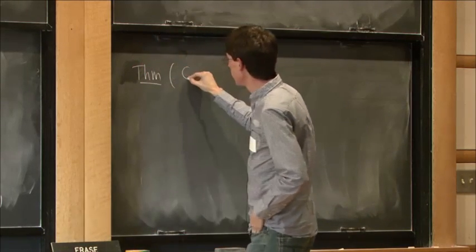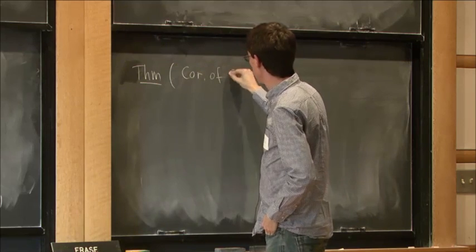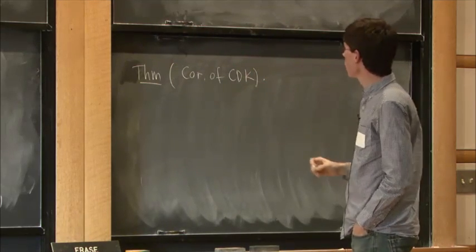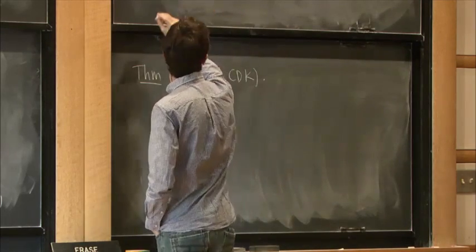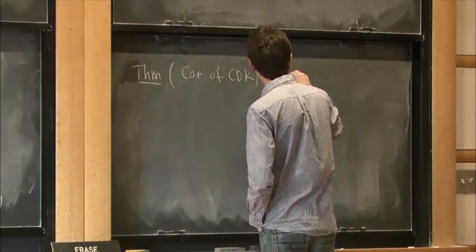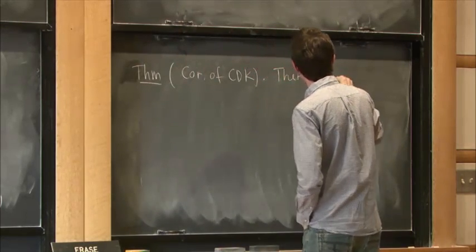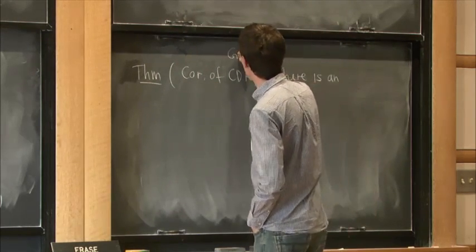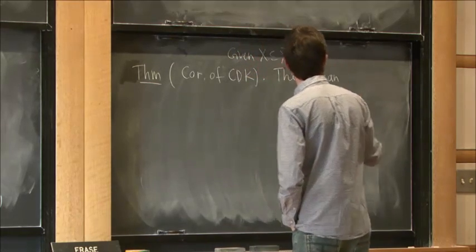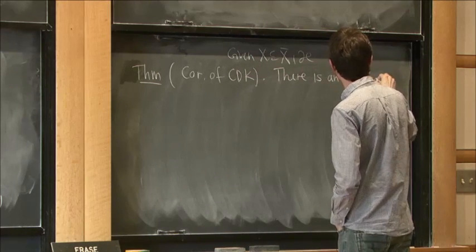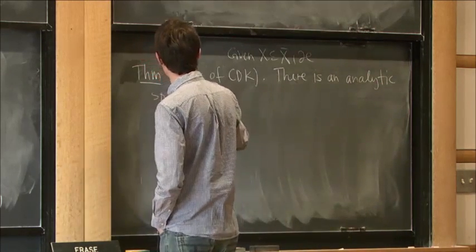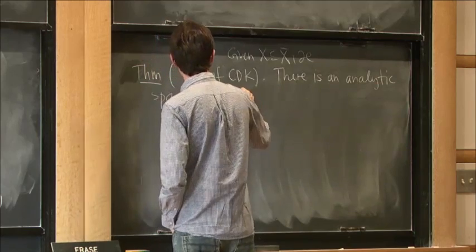As I said, this is basically a corollary of the Kaplan paper. So in the same situation as above, given X contained in X bar and script H, there's an analytic space that I'll denote like this.